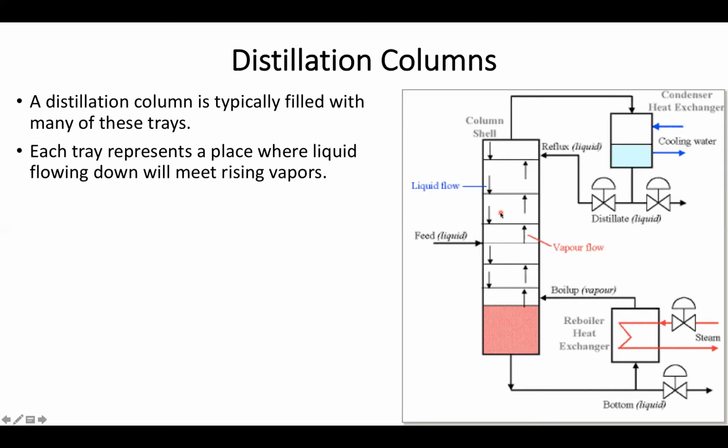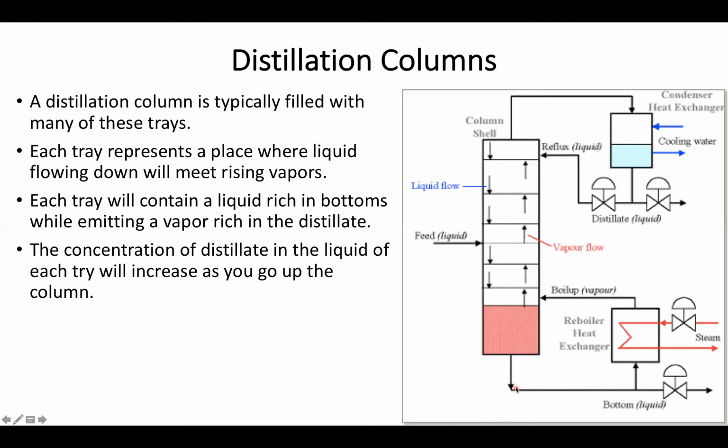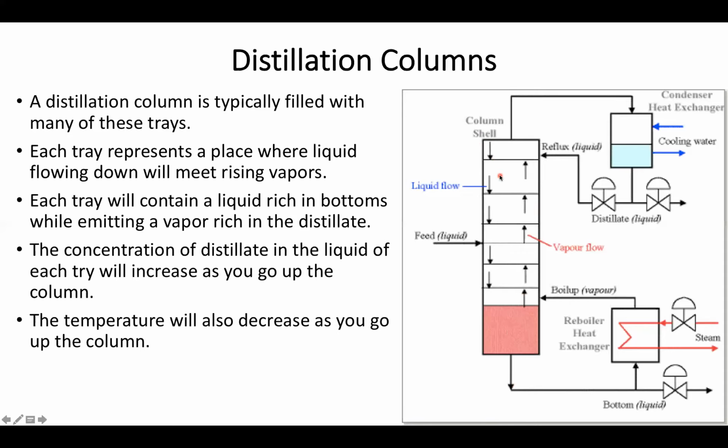They'll mix, and what we're going to have is almost a gas stripping event, where the vapors are going to strip out the more volatile liquids out of the liquid that's falling, which will help ensure that we have a distillate rich vapor coming off the top and a bottoms rich liquid coming off at the bottom. And again, the concentration of the distillate is going to increase the further up the column we go.